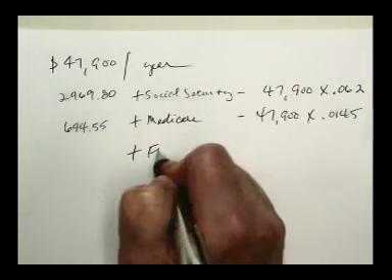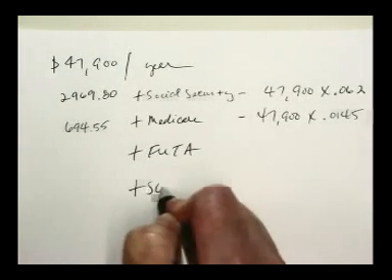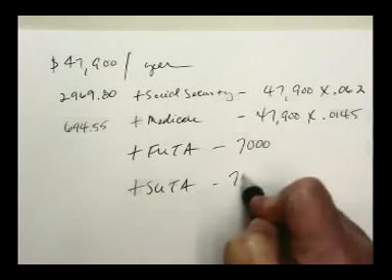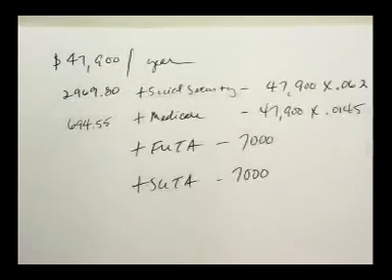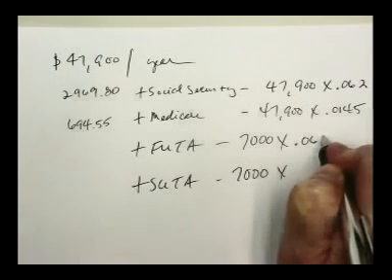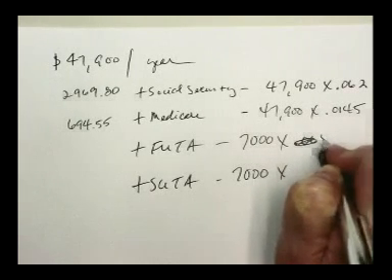Then, of course, we're obligated for their FUTA and their SUTA, and remember, we only pay on the first $7,000 of wages. Since this person made well over $7,000, we're only going to compute it right here.